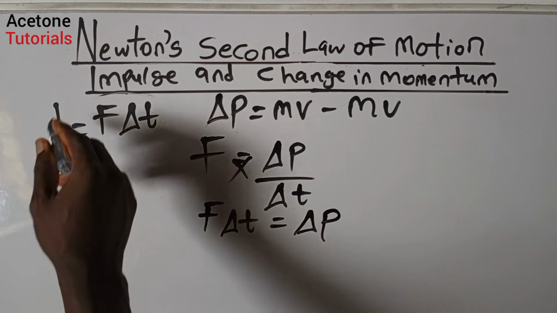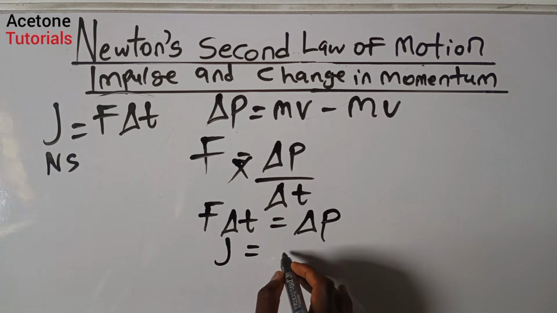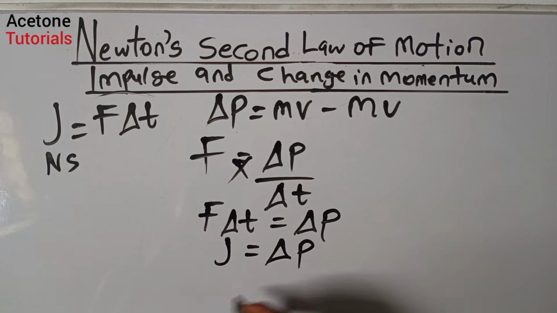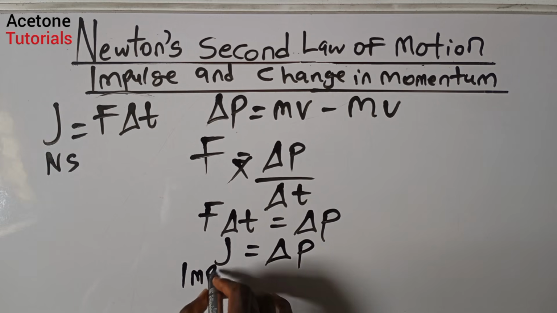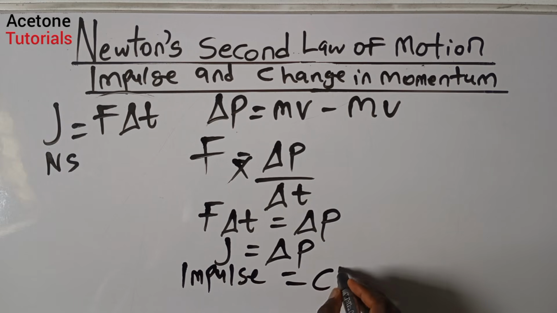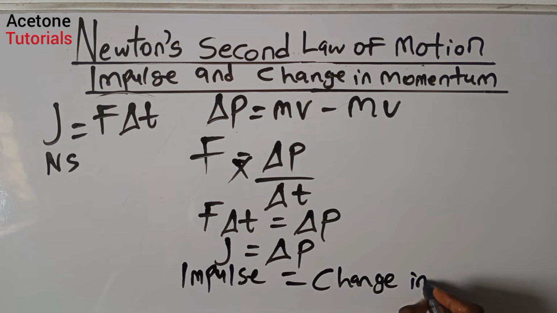Since F change in t is impulse, it means the impulse is equal to the change in momentum. The unit of impulse is Newton seconds. The unit of momentum is kilogram meter per second. So it means Newton seconds is equivalent to kilogram meter per second.